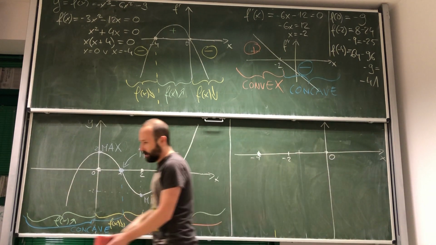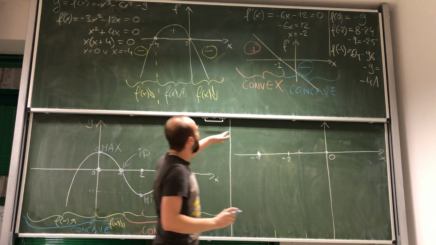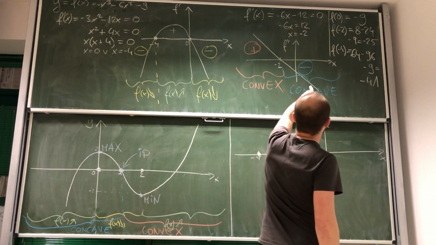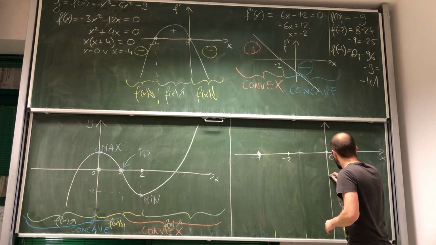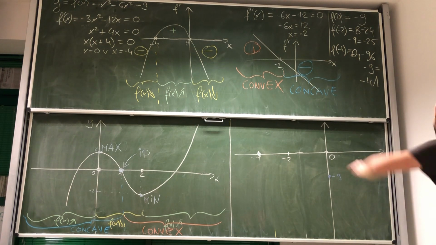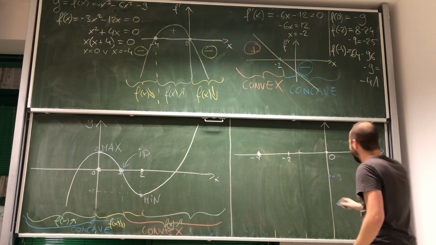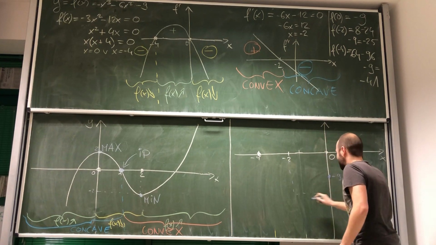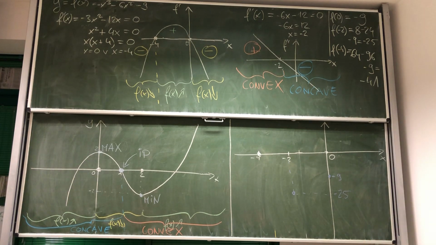Now, we know that if x is 0, then y is negative 9. We know that if x is negative 2, y is negative 25.